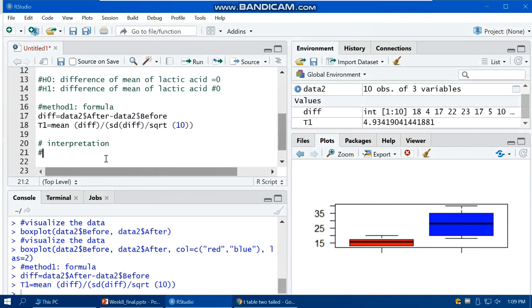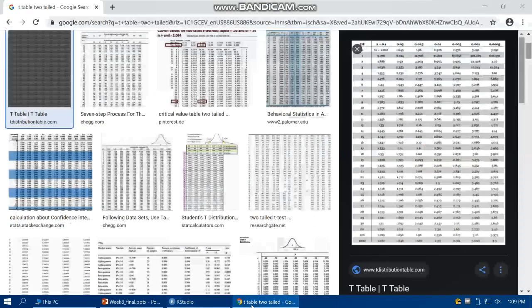So the interpretation is very easy. We can say that the calculated t-test value, which is 4.93, was greater than the critical value at the 95% confidence level, which was 1.83, sorry, 1.83.